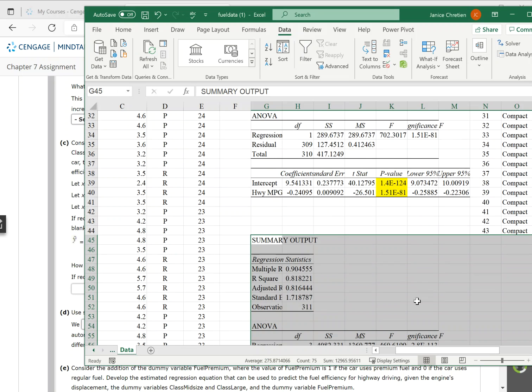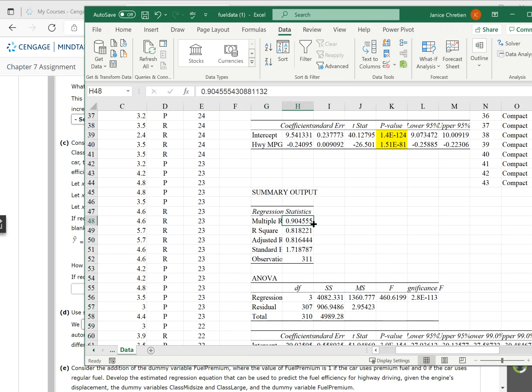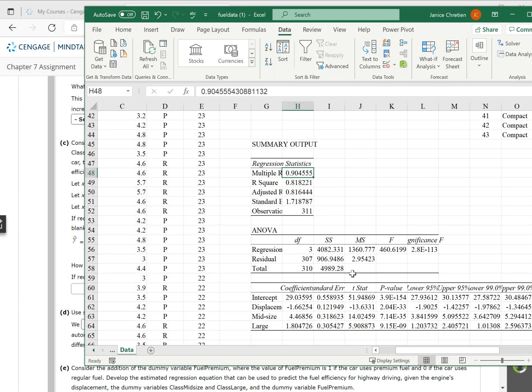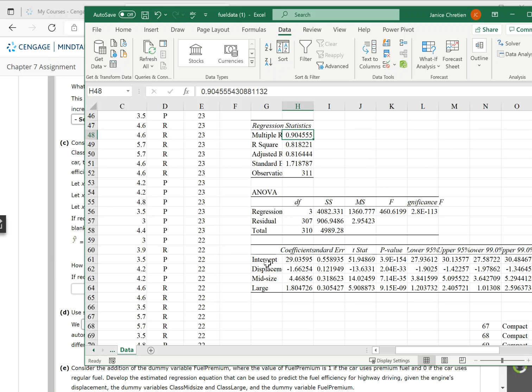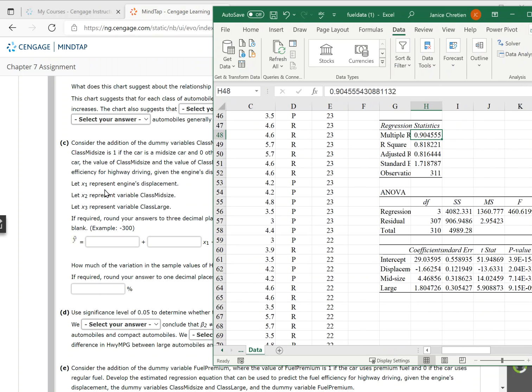Oops, I guess I overwrote some data, and that's fine. Okay, so my intercept is first, it's my y.